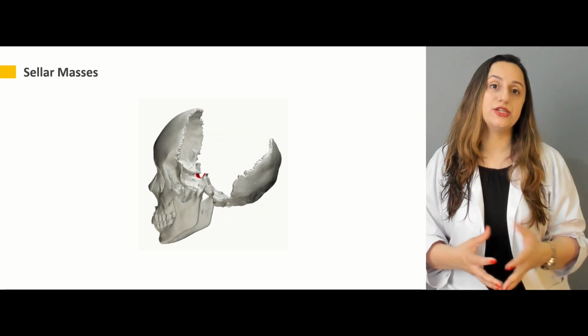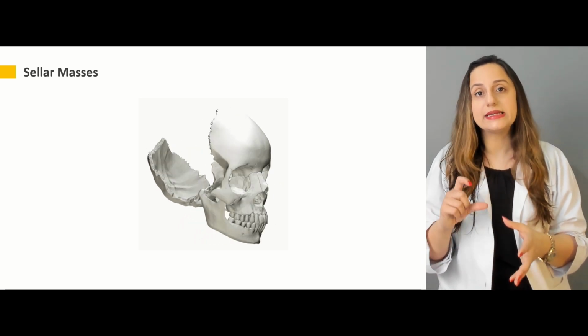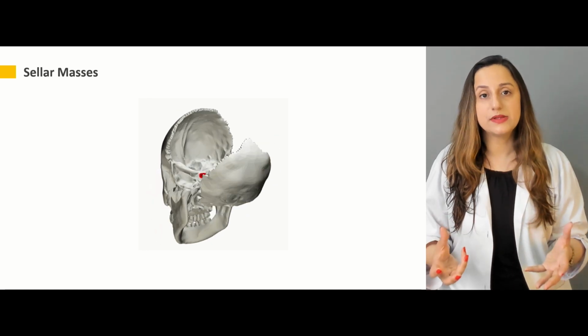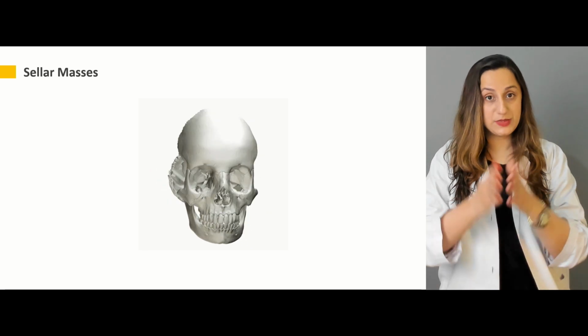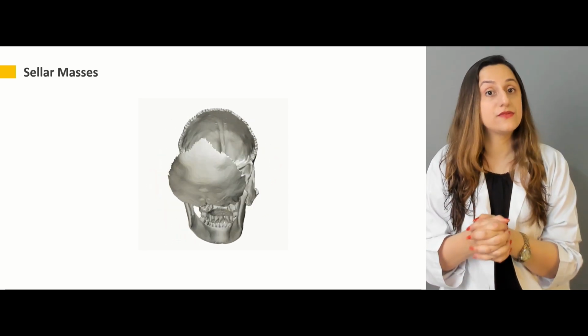Through these imaging techniques, only then can we diagnose what particular area is involved. And this is quite simple. We are going to know the basic anatomy of this region, and the relations over here are again very important.